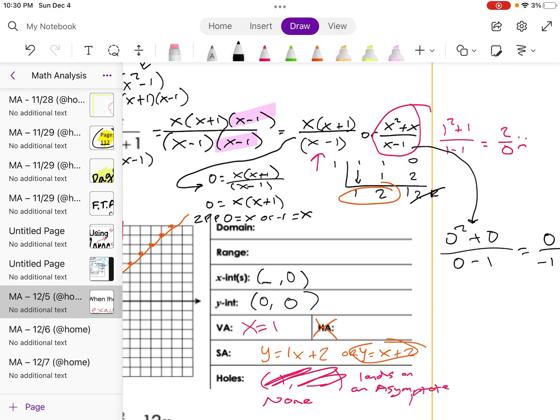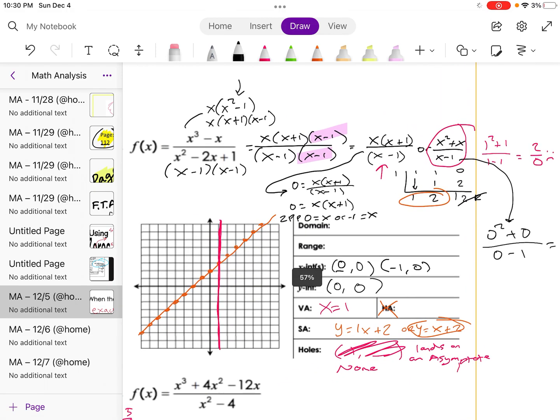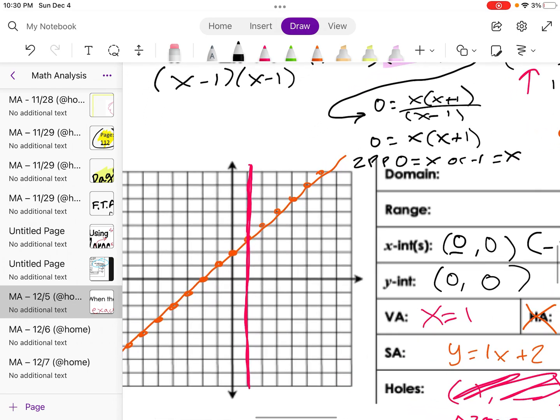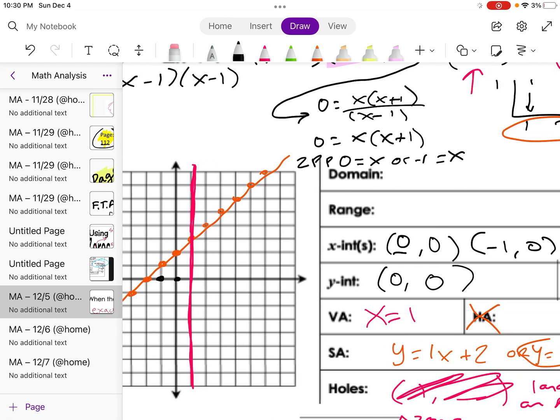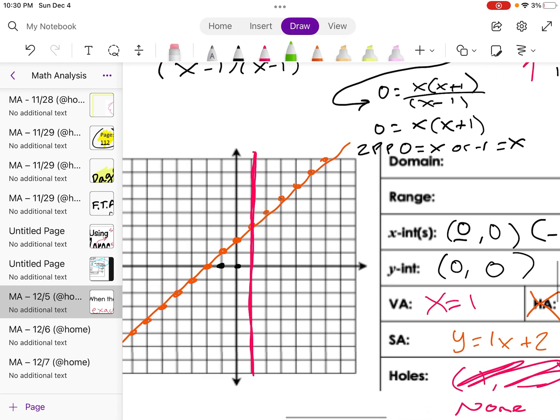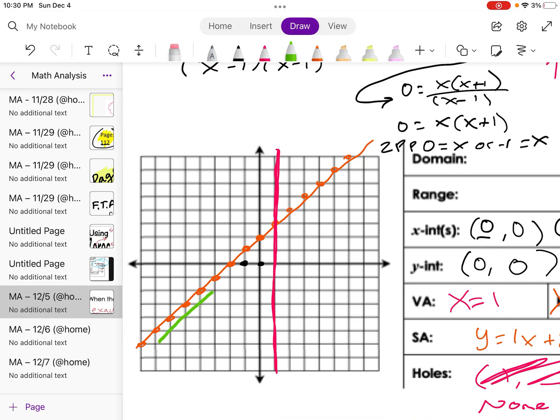And so if I do ZPP, I get 0 equals x, or x equals negative 1. And I put it on my graph, so I've got 1 right here. And that's it. So when I draw this graph, something cool is going to happen. It comes up, and then it bounces down. And this one, the same thing.